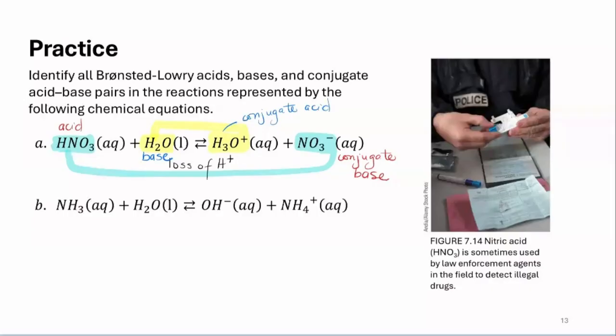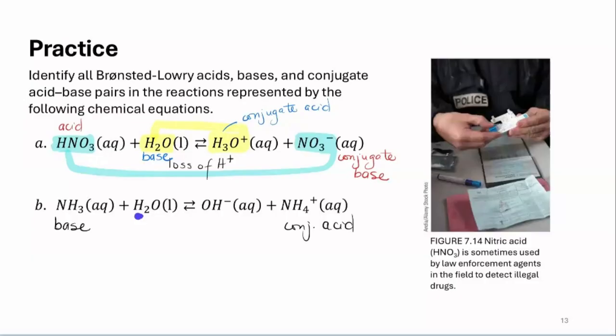Let's look at example B. Here we have ammonia reacting with water. We can see in the product of the reaction that ammonia changed from NH3 to NH4. So that means that ammonia accepted a proton. So in this example, ammonia is acting as a base, and then NH4 plus is going to be the conjugate acid for ammonia.